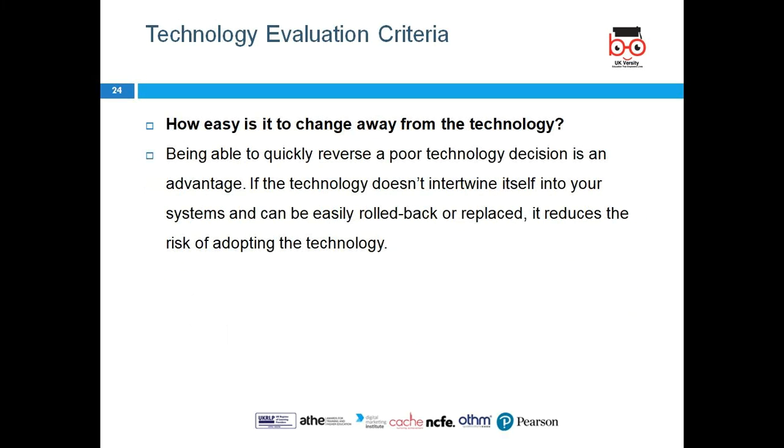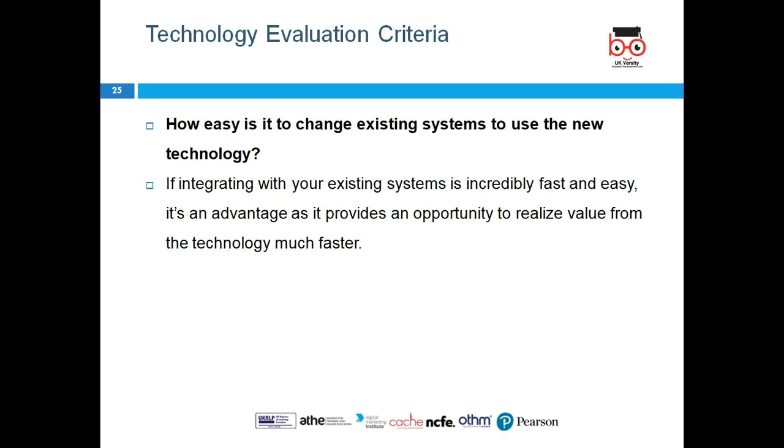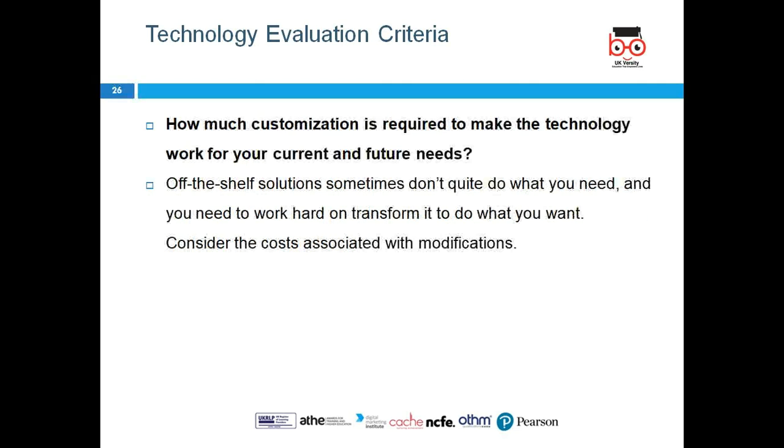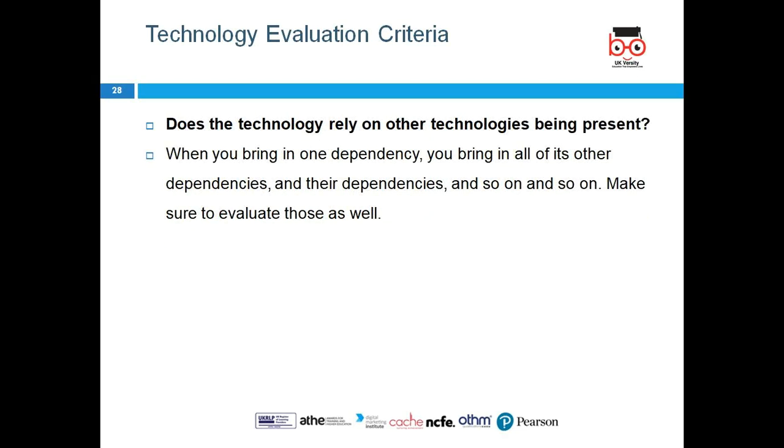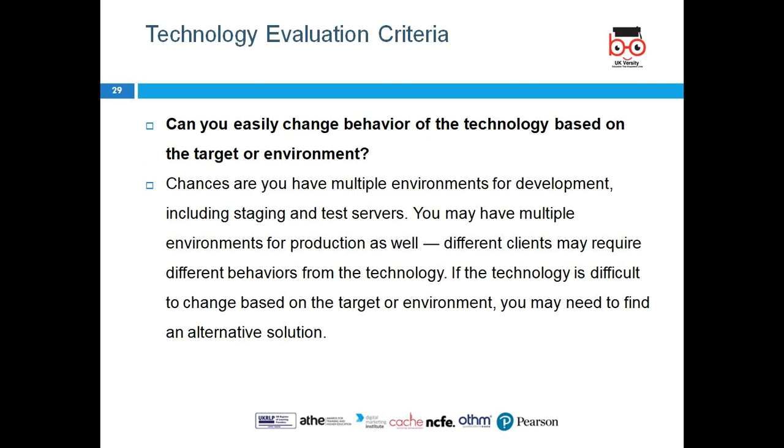How easy is it to change away from the technology? Will you be able to change? How easy is it to change existing systems to use the new technology? How much customization is required to make the technology work for your current and future needs? Can your technology be used for production use? Does the technology rely on other technology being present?